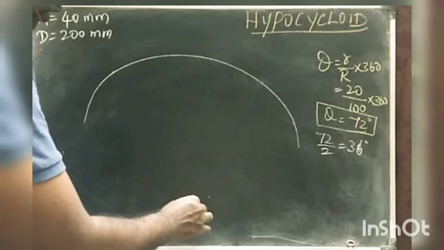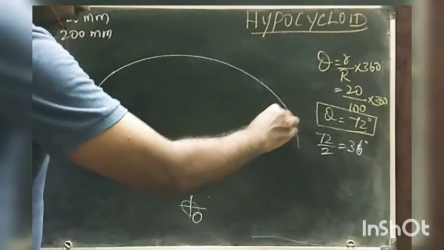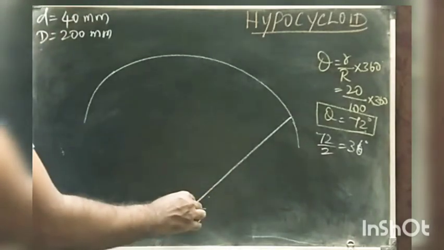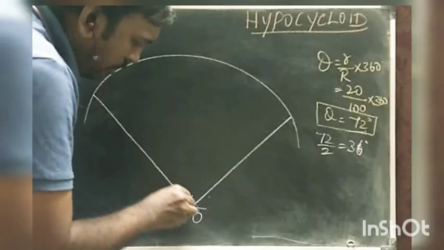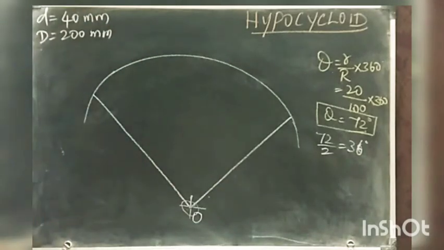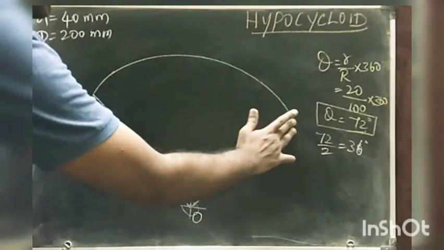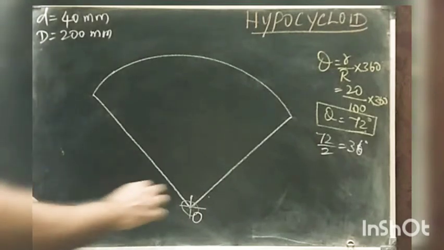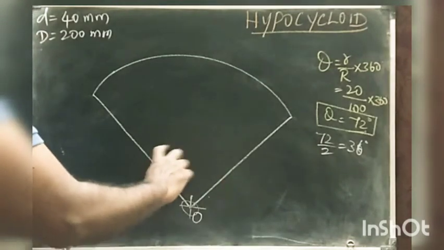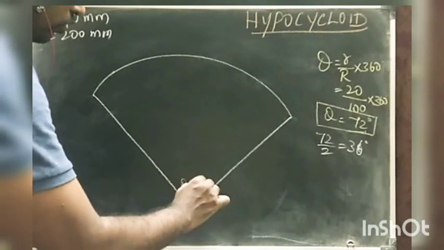The same thing we have done already. Later you erase the unwanted lines or arcs. This is the portion we get, and the angle between these two lines is 72 degrees, theta equal to 72.